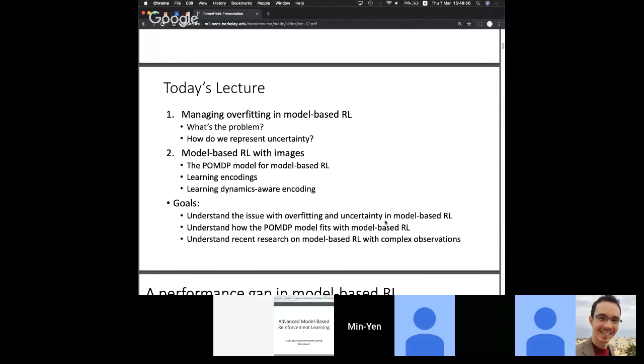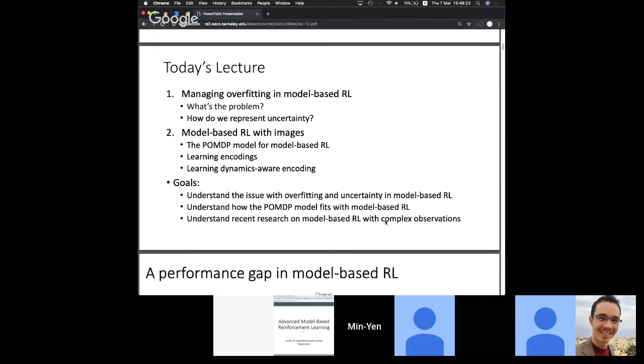When you do not know the entire state of your universe, it becomes an observation, so we will use partially observed Markov decision processes. We'll also talk about how deep learning techniques such as embeddings or autoencoders can be used to address this issue, and some dynamics-aware encoding that can be incorporated where you are aware of the end goal of your task.